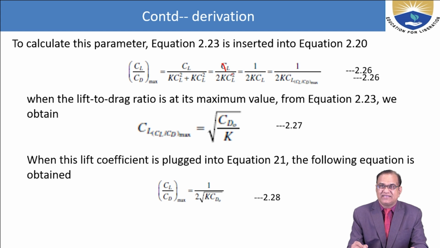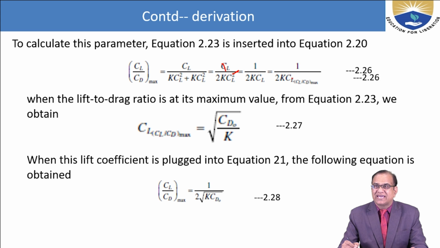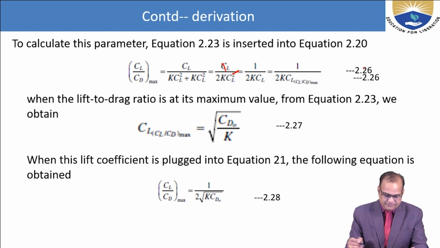So this CL cancels and we get 1 by 2 K CL. So CL by CD maximum is equal to 1 by 2 K CL, where CL by CD is a maximum. So we got one more relation here.